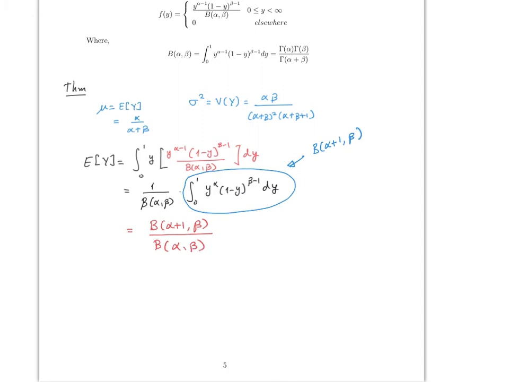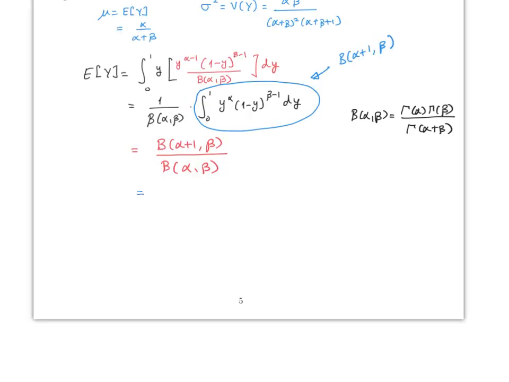Now recall from the definition that beta of alpha, beta is defined to be the gamma function of alpha, gamma function of beta, over the gamma function of alpha plus beta.